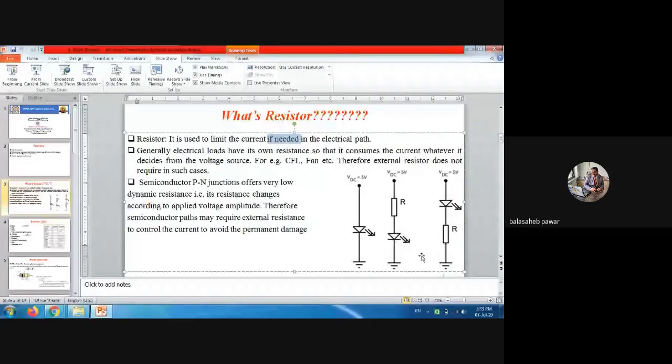As the current increases from 10 milli onwards, the light intensity also increases up to 80 milliamp. Don't try to obtain more light intensity beyond 80 milli, otherwise it will get permanently damaged. So here we have to operate this light emitting diode from this 5 volt DC source with a current of 50 milliamps.